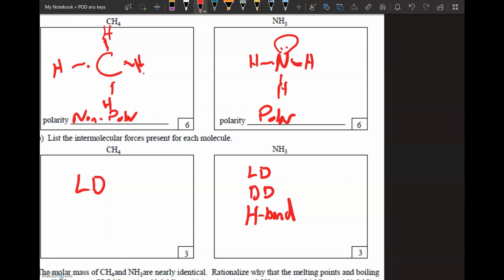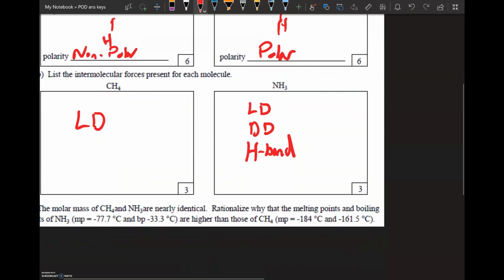And so since the sizes are fairly the same, NH3 should have a higher boiling point and melting point. So as we look at the last question here, it says the molar masses of NH3 and CH4 are nearly identical. Rationalize why the melting points and boiling points are higher for NH3 than those of CH4.